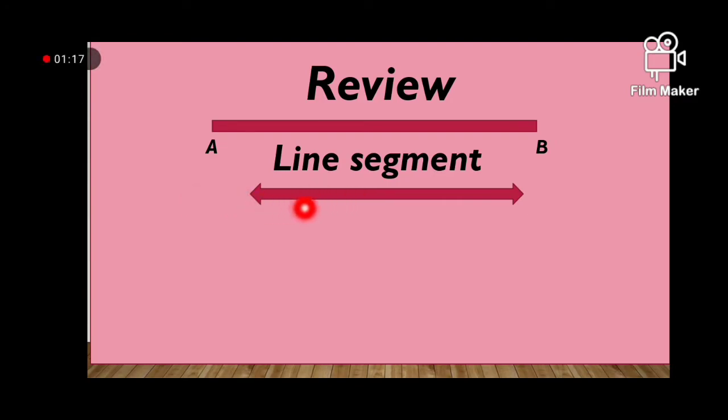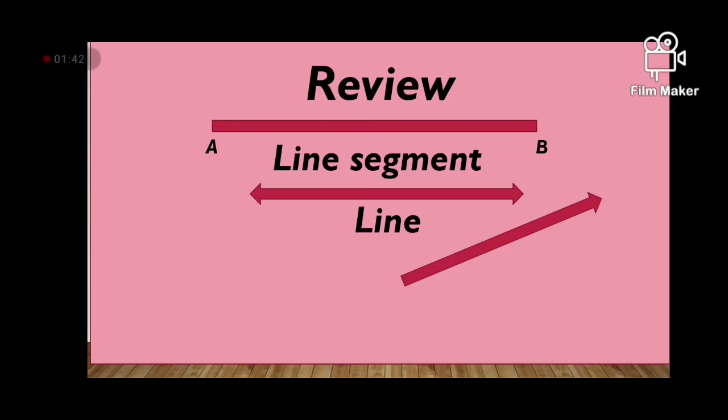And when a line goes on and on in both directions and it has no endpoint, that type of line is called line or straight line.